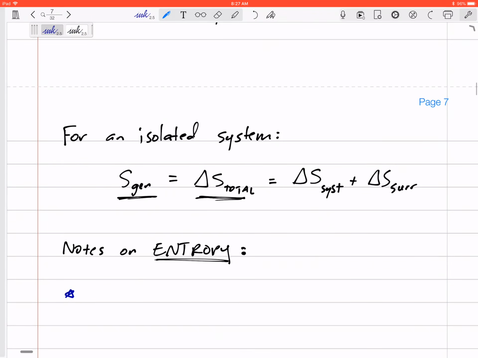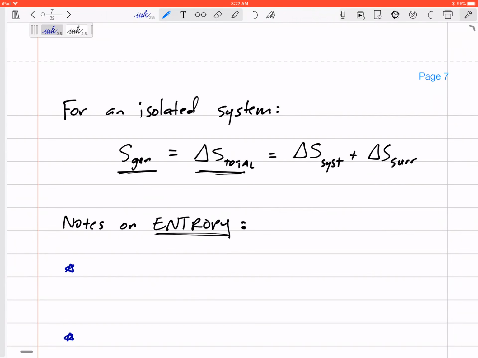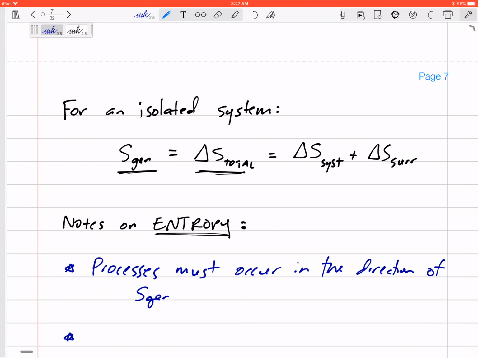All right, some notes on this increase in entropy principle. Processes must occur in the direction of increasing entropy, in the direction of S-gen is positive or 0.